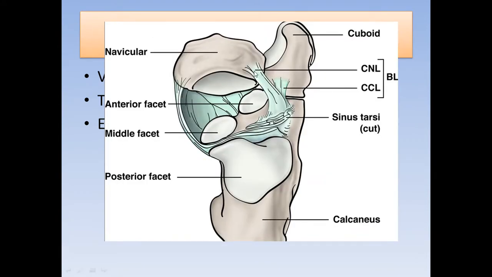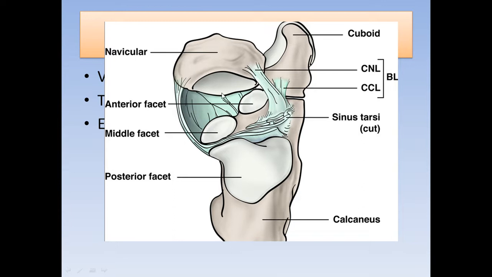This is the navicular, and this is the calcaneus. Here is the head of the talus, and this is called the acetabulum of the ankle and foot.